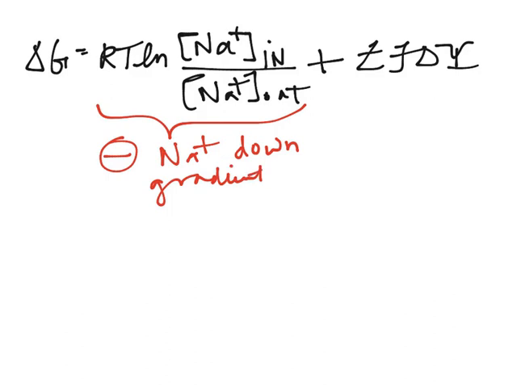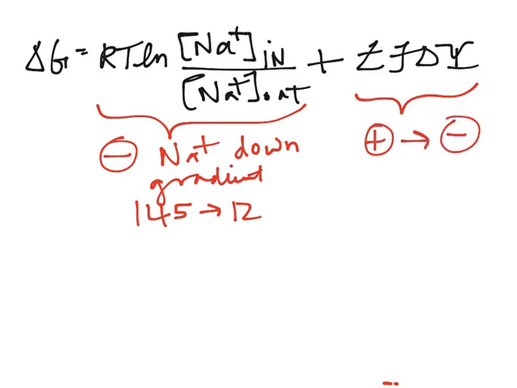So we're going from 145 millimolar to 12 millimolar. Then I can look at what I think my charge contribution is going to be. I know that I've got more positive ions outside the cell compared to inside the cell, because I said that the transmembrane potential is more negative inside the cell.